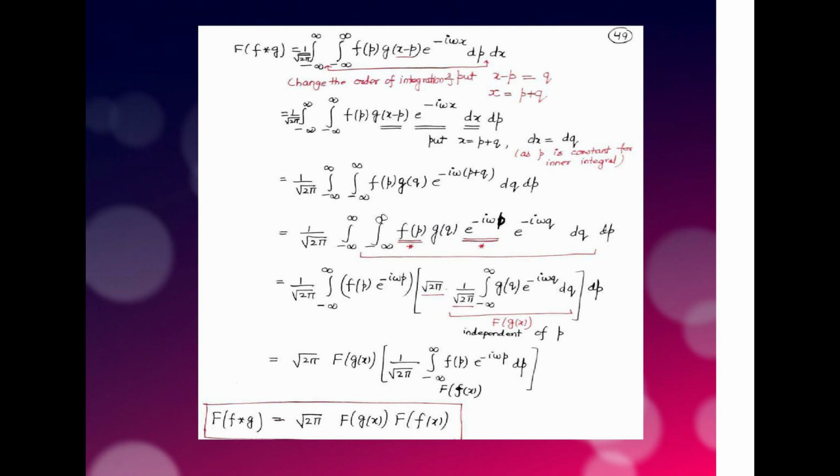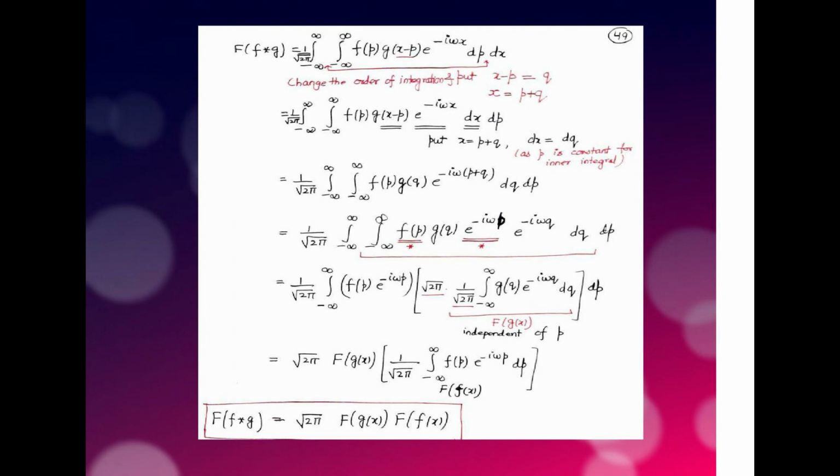Now the inner integral is minus infinity to plus infinity g of q e raised to power minus iota wq dq. Multiply by root 2 pi, divide by root 2 pi. Now the expression which I have underlined in red, this is the Fourier transform of g of x. This is going to be a function of only w, hence it is constant.